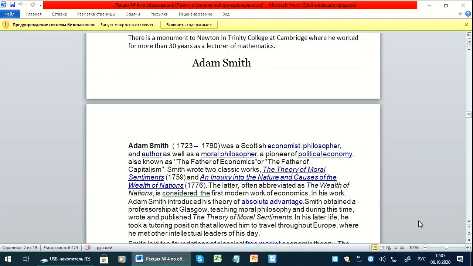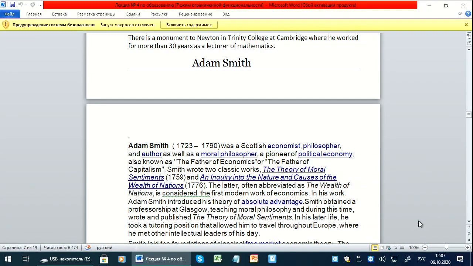Smith obtained a professorship at Glasgow, teaching moral philosophy, and during this time wrote and published The Theory of Moral Sentiments.